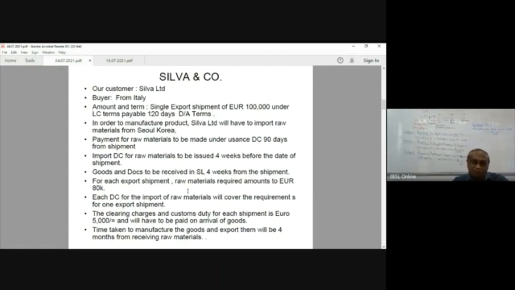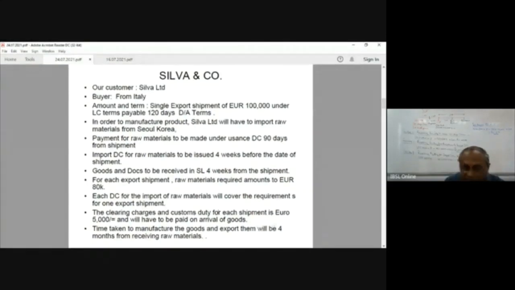The clearing charges and customs duty for each shipment is euro 5,000 and will have to be paid on arrival of goods. Time taken to manufacture the goods and export them will be 4 months from receiving raw materials.